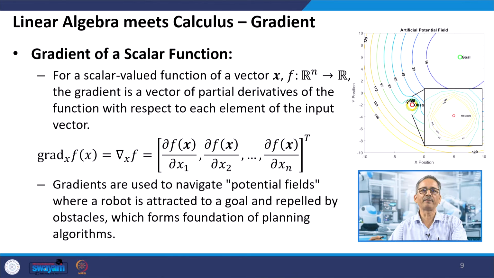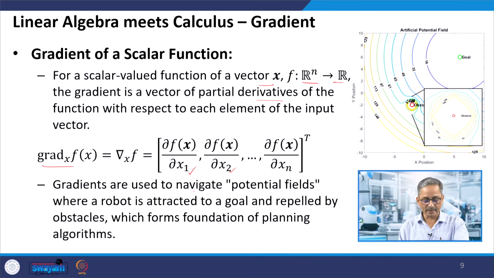So, for a scalar valued function of a vector x, where the function is mapped from the n-dimensional real number space to a single number in the real space, the gradient is the vector of partial derivatives of the function with respect to each element of the input vector. So you have del f by del x1, del f by del x2 and so on, and that is what we define as the gradient of f(x).